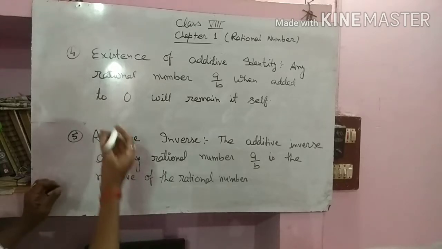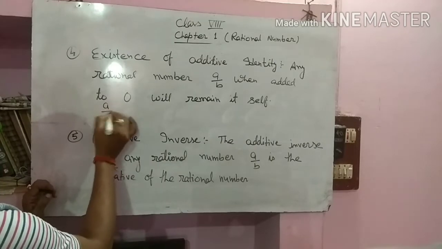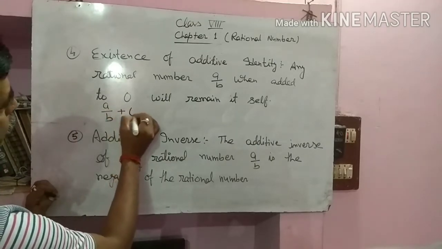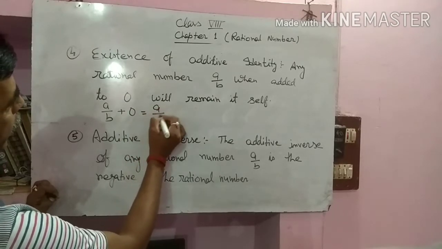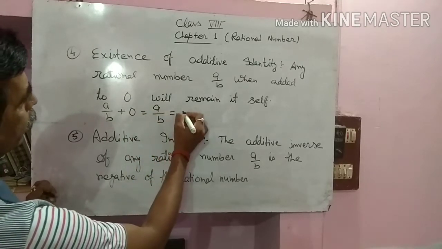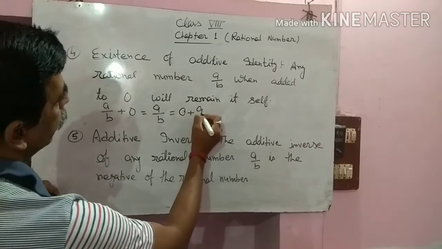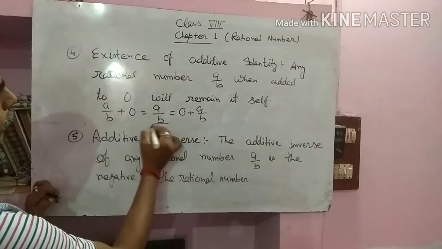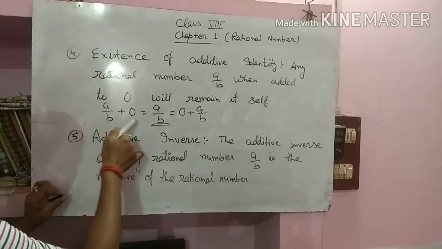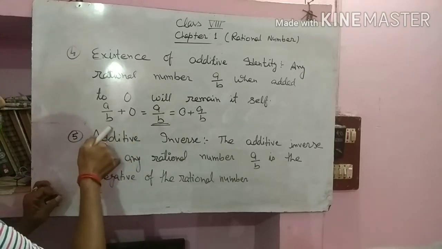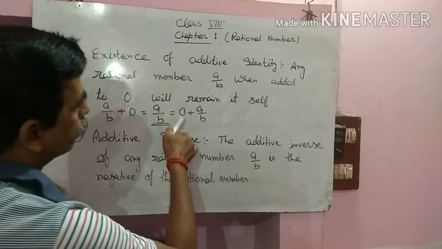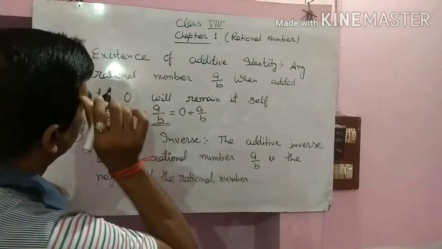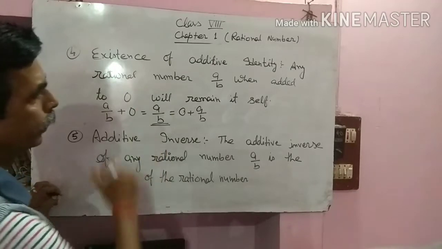Symbolically, you can write A by B plus 0 is equal to A by B is equal to 0 plus A by B. It means in all cases it remains itself.